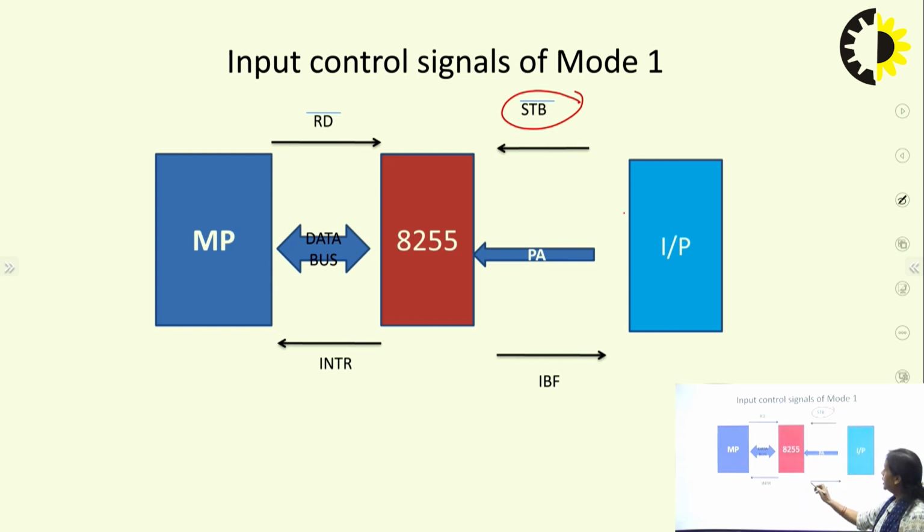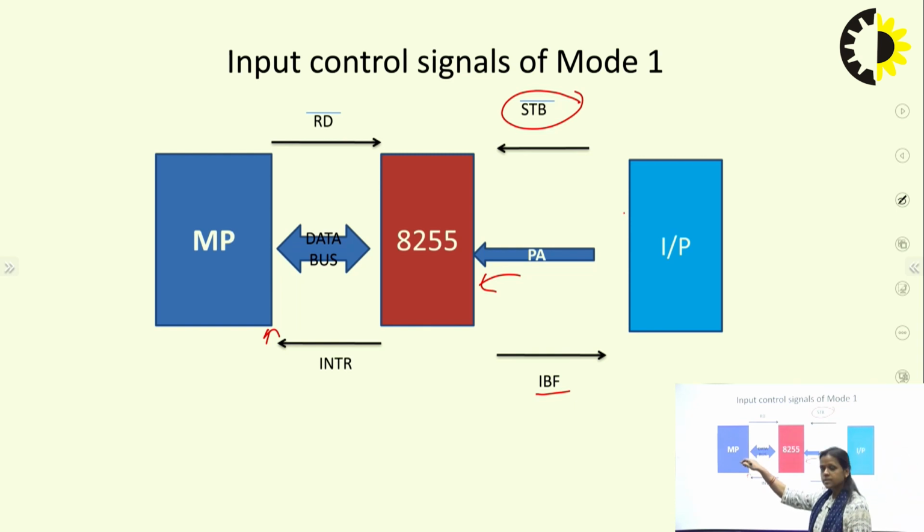Then it will generate the IBF. IBF means that the buffer register is full and it can't take any more data now. And then when 8255 receives the data from this input device, it will interrupt the microprocessor. The interrupt signal will be generated and the microprocessor will be interrupted.